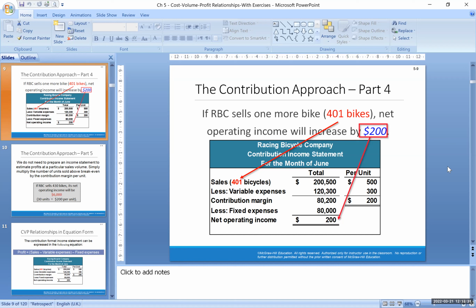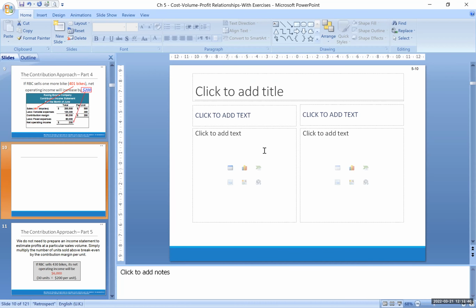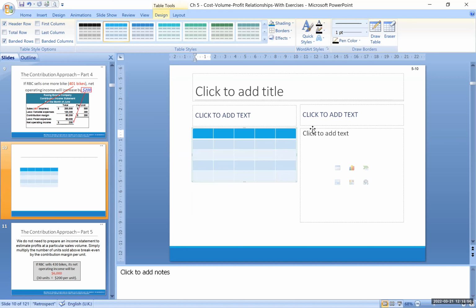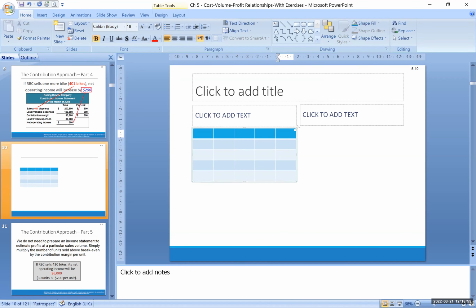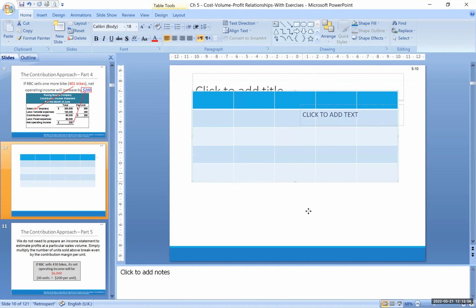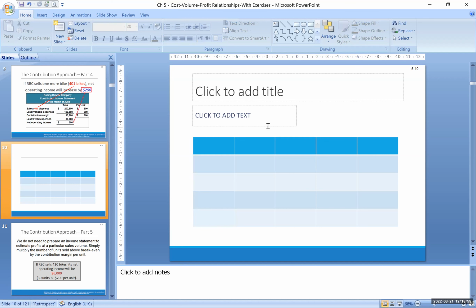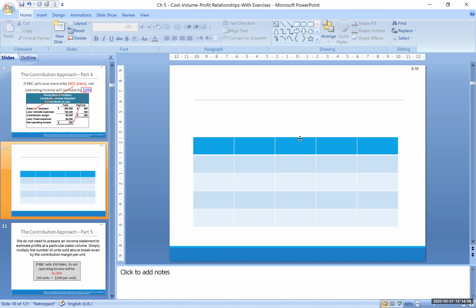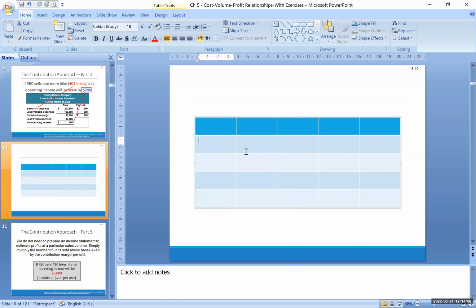For an income statement, if we sell 430 units, for the sales we have 430 times $500.